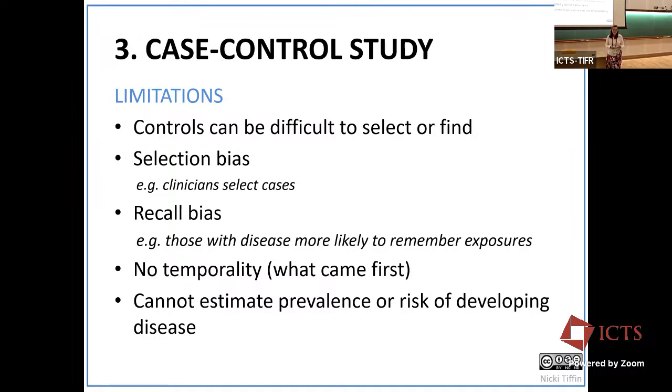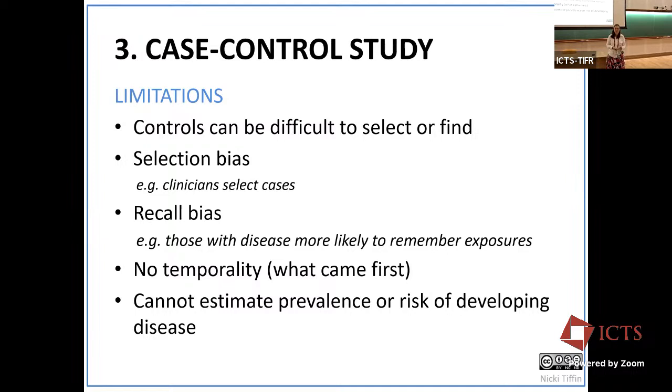So a classic example for those: if somebody has had an adverse pregnancy outcome, they're more likely to remember that they had flu in the first trimester than someone who had an uneventful pregnancy outcome, who will sort of forget that they actually had flu in their first trimester because they don't have a reason to try and remember what might have gone wrong.